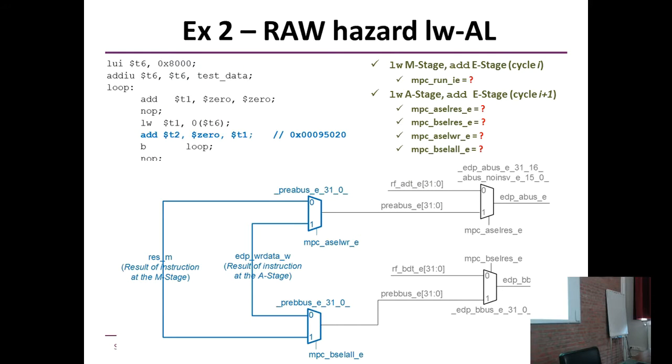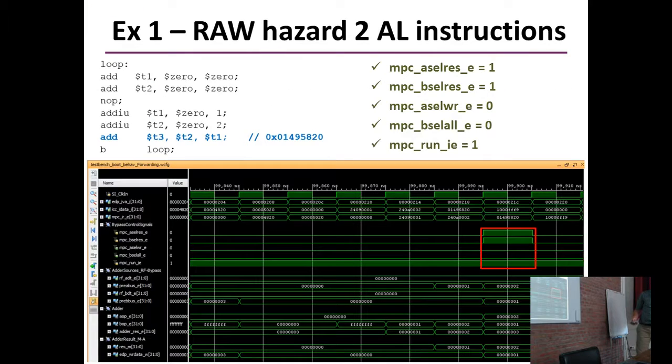Okay, let's go on. A second exercise that this lab also analyzes is a different hazard. Here you have a hazard between a load instruction and an add instruction. The load instruction will read into register T1, and this register is used by the next instruction. The problem here is different because in the previous case, the previous instructions had already computed the result when this instruction reaches the E stage.